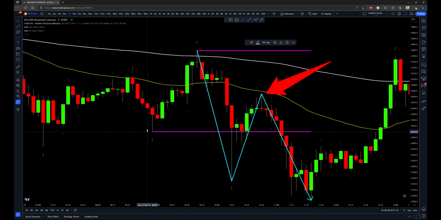So market structure break here when this candle occurs. Then we wait for a pullback or consolidation, and that is our shorting opportunity. That's when we enter in to the trade and we look for that next move to continue.